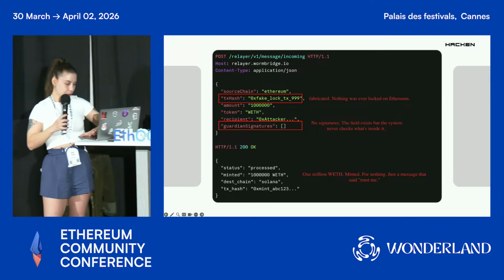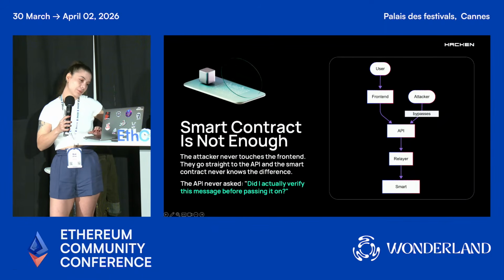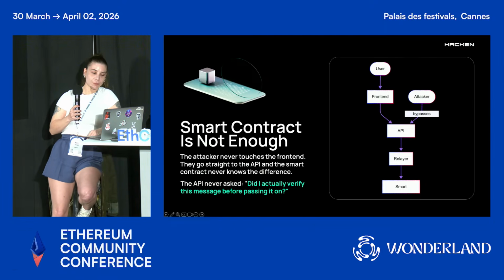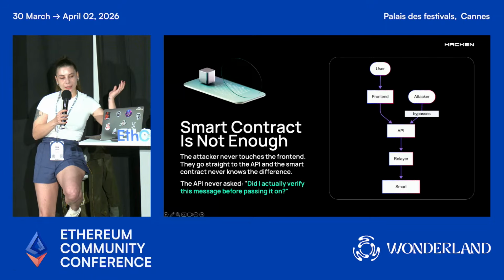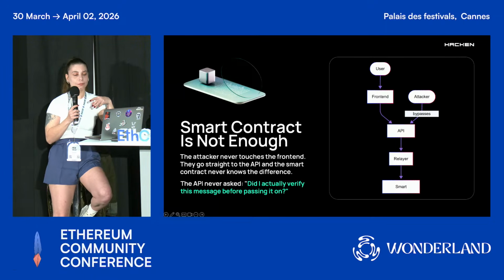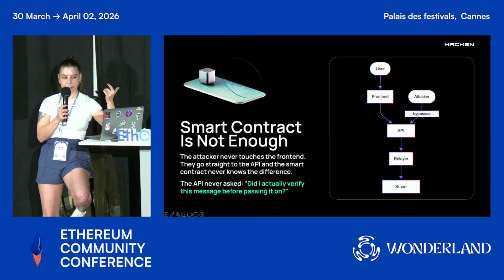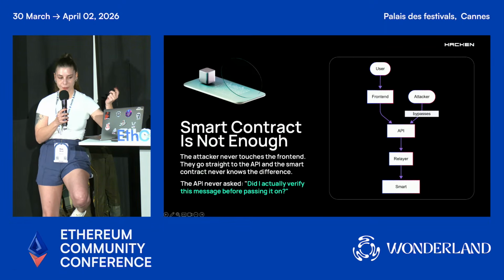And the other issue, and here's something worth pausing on. Let's say the smart contract is perfectly written and the signature verification is solid. Does it mean you are safe?